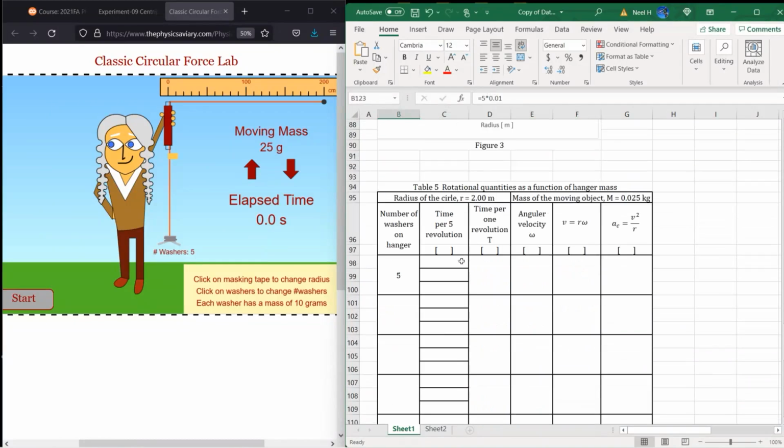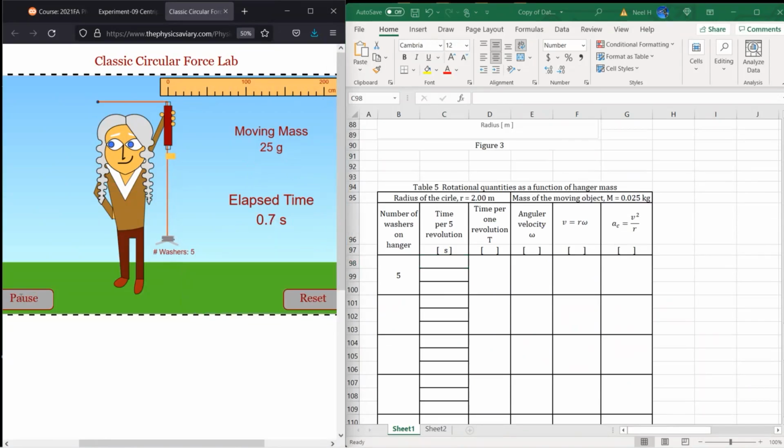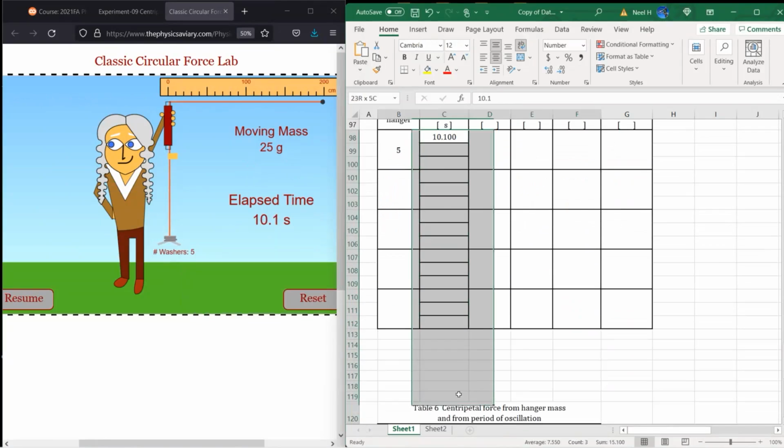And centripetal acceleration calculation we can do by knowing period of oscillation. To do that, we need to measure the period of 5 oscillations again 3 times, similar to what we did for the last 2 cases. Okay. So let's check it out. Start. About 10.1 second. Make sure I have only one decimal place for this one.